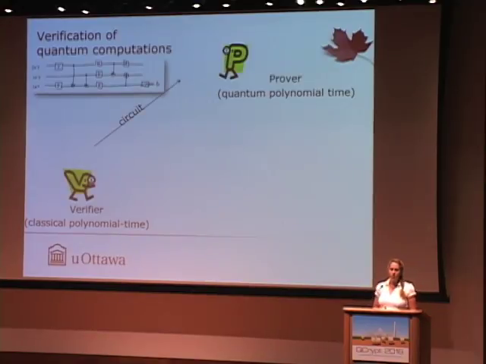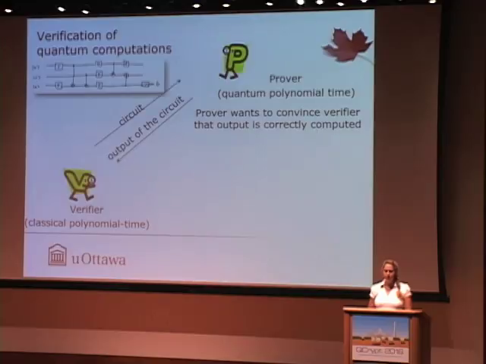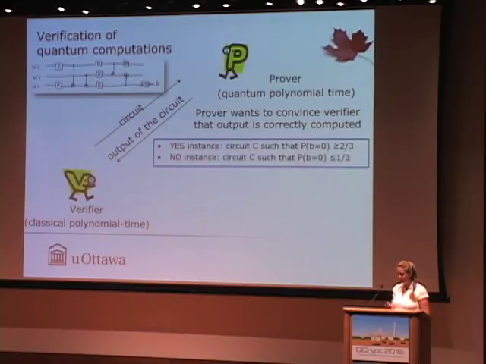We'll picture that the verifier has a circuit. It's a public circuit. Everybody knows what it is, and the verifier wants to know the output of that circuit, and wants to use the prover to help compute that. Another way of seeing this is that the verifier wants to become convinced that the output is correctly computed, and the prover would like to help with that.